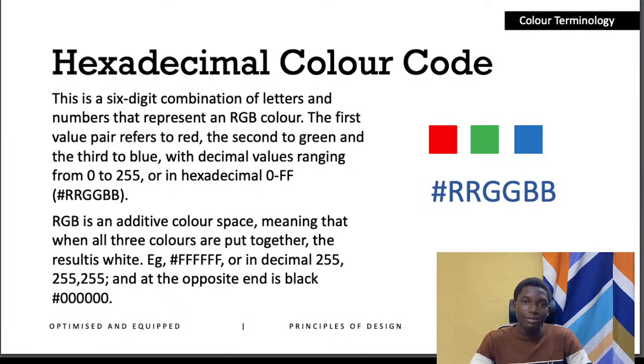So let's say a company gives you a color which you are going to use for a design, and they present it to you in a hexadecimal color code. What you need to do is copy the color code, look for it maybe on Google, or on your color palette using your design softwares, and after looking for it, you can get that exact color they are talking about.